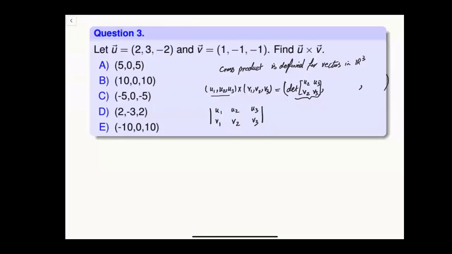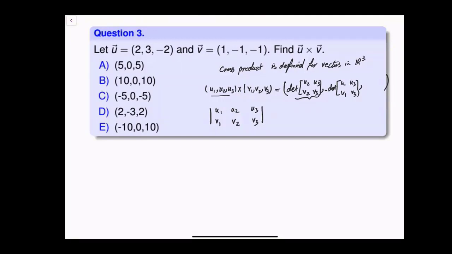The second component, you cover the second column. The remaining components are u1, u3, v1, v3. Find the determinant of that one. And this is important. The definition of cross products works this way, that you have to multiply the second one by a negative sign.